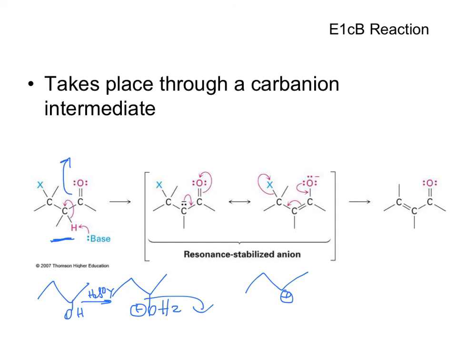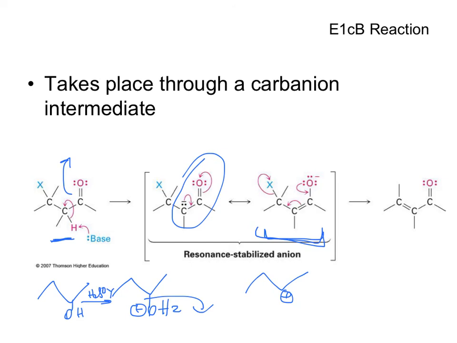Since oxygen pulls electrons towards itself, that makes this hydrogen very acidic and generates a negative charge, and there is now resonance between the negative charge and the C double bond O. As the electrons move, they facilitate the loss of the leaving group, generating the alpha beta unsaturated ketone.